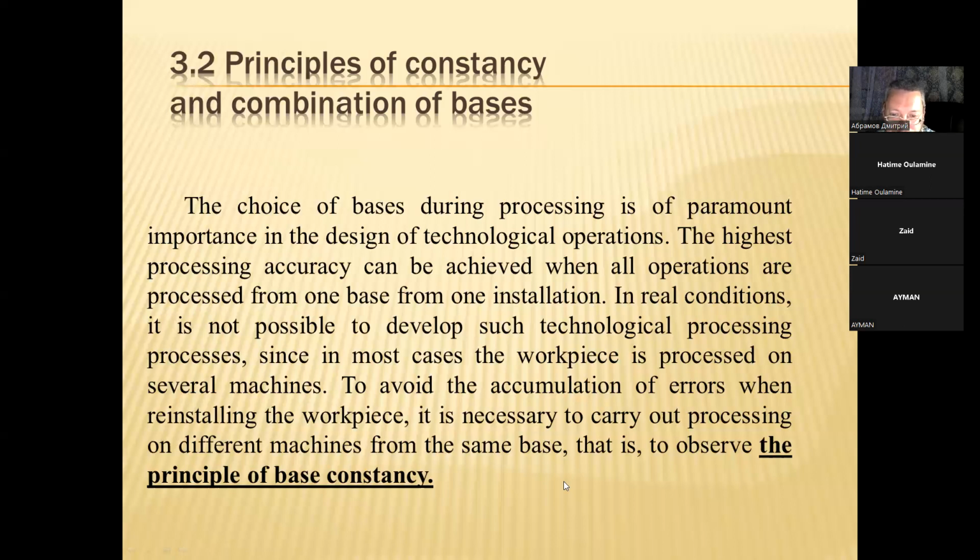To avoid the accumulation of errors when reinstalling the workpiece. It is necessary to carry out processing on different machines from the same base. That is the first principle, of base constancy.